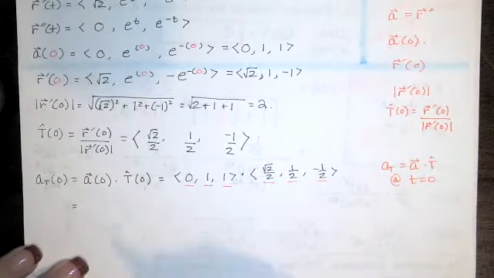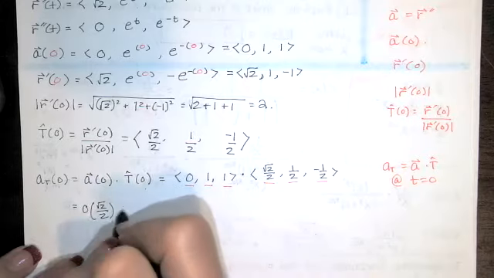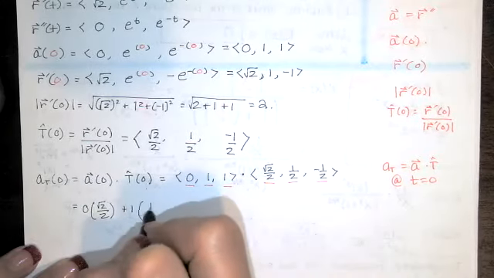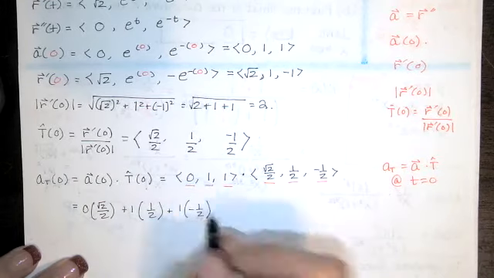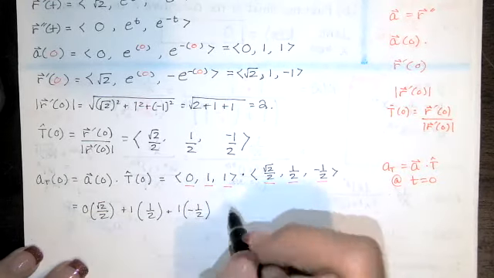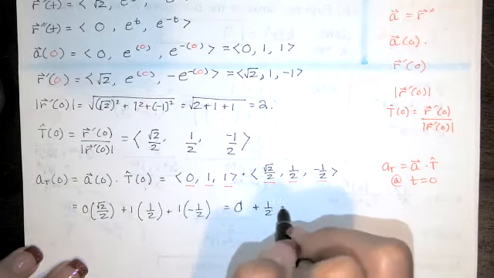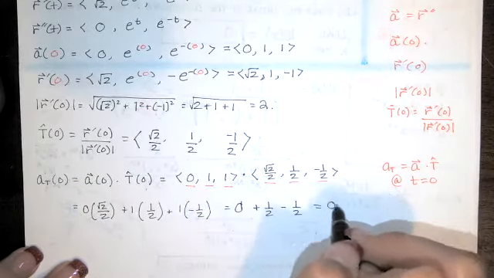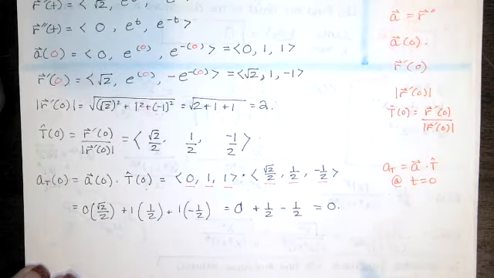I've got 0 times something, plus 1 times something, plus 1 times something. And I have 0, plus 1/2 minus 1/2, which happens to be 0. All right, so the tangential component of acceleration is 0.